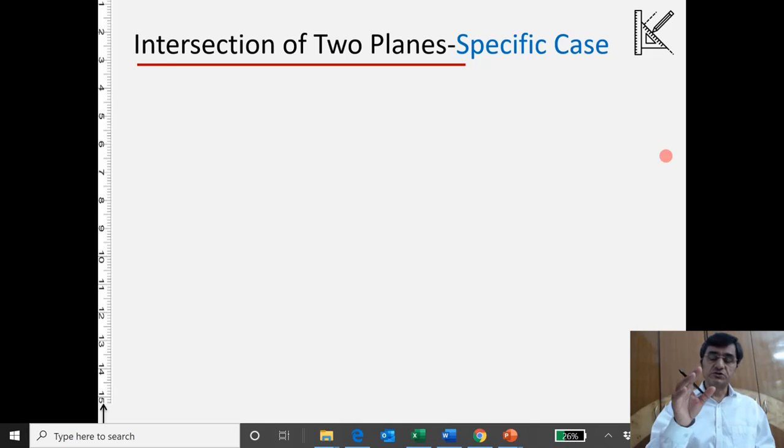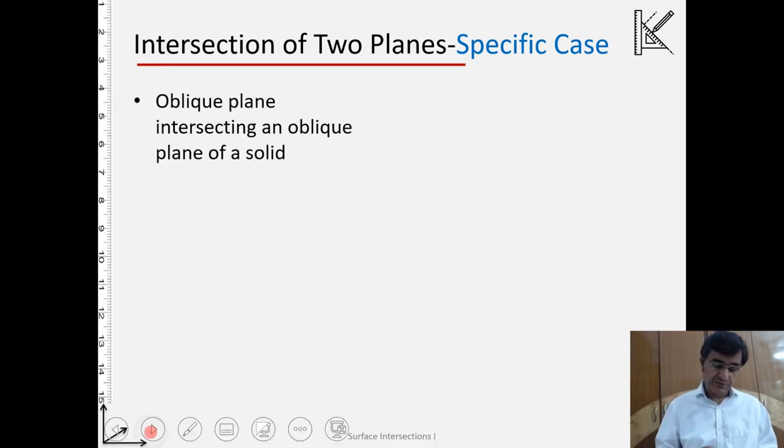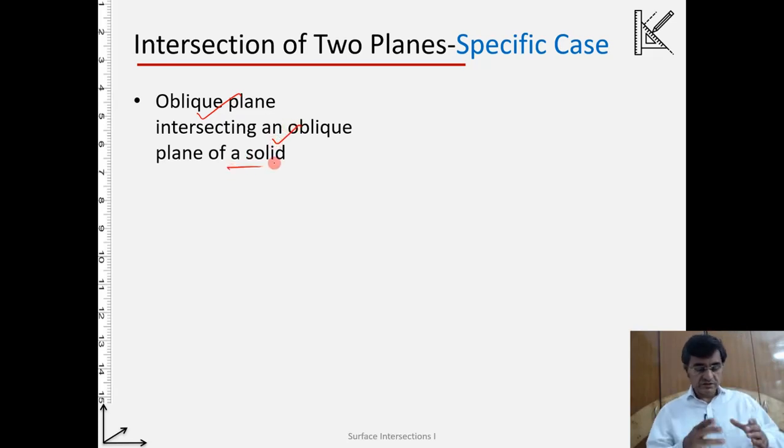Now let us use this concept that we have seen right now for a specific case. The specific case is, here there is an oblique plane which is intersecting an oblique plane of a solid. Okay, so there is a solid.